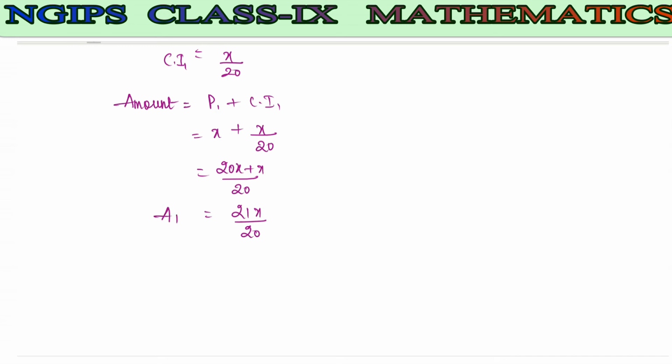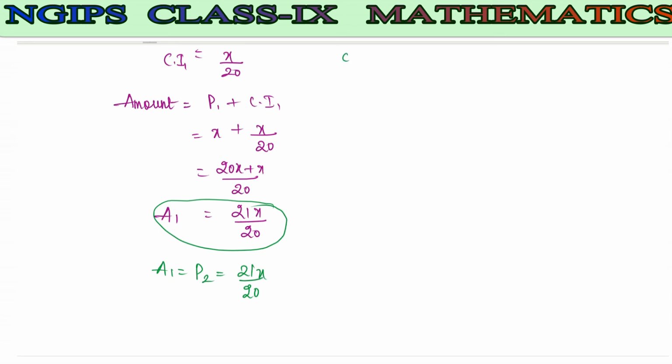Now we are going to calculate the compound interest for the second year. For this, the first year amount is going to be carried for the second year principal. So the first year amount, which is the second year principal, is 21 divided by 20 into x. Now I am going to apply the formula.